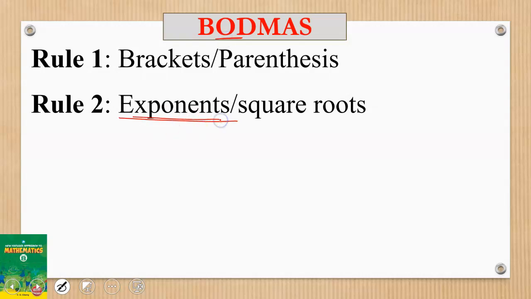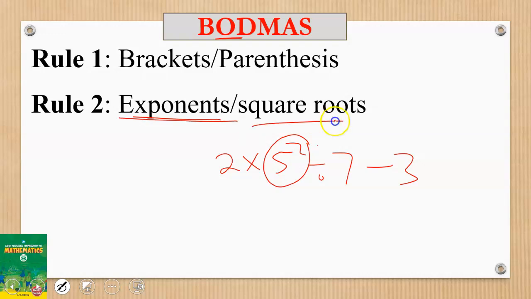If the question involves exponent, like I have 2 plus 5 squared divided by 7, maybe minus 3. Here, the order means deal with the exponent in it. If there is square root, deal with the square root also. So after dealing with parentheses or the bracket first, if there are exponents involved in the question, deal with the exponent, that will be the second thing to do.